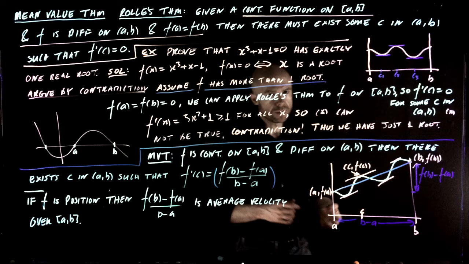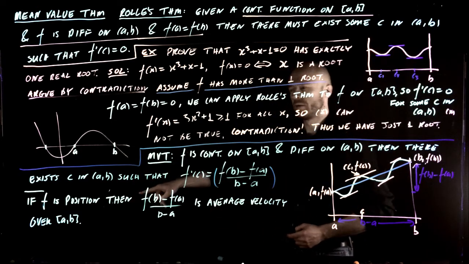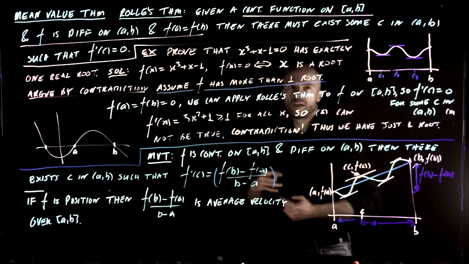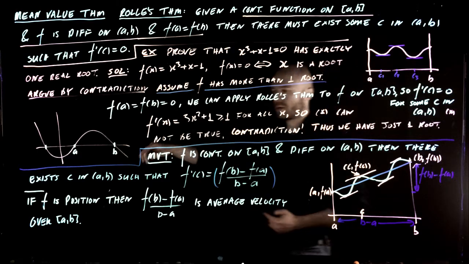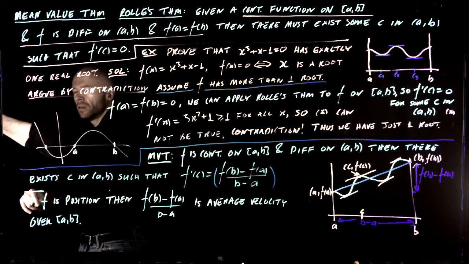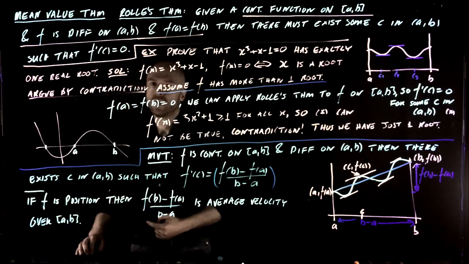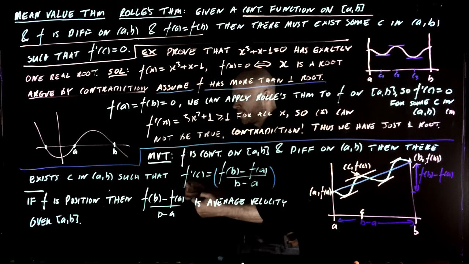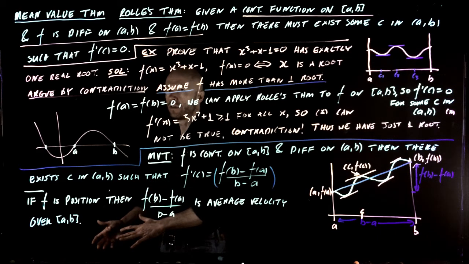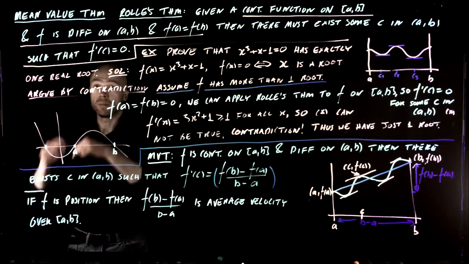If we start from here at time a, and at time b I'm over there at the end, then if I'm always going faster than the average velocity, by time b I will actually be further than where I'm supposed to be, right? So if I'm starting off faster than the average velocity, then eventually I'm going to have to slow down and go slower than the average velocity in order for it to be true that at time b, I am at f of b.